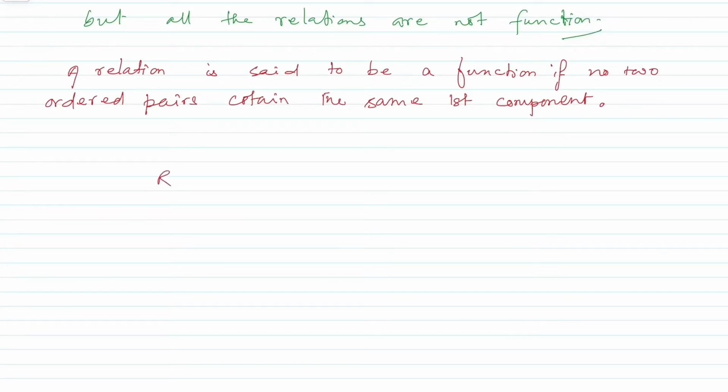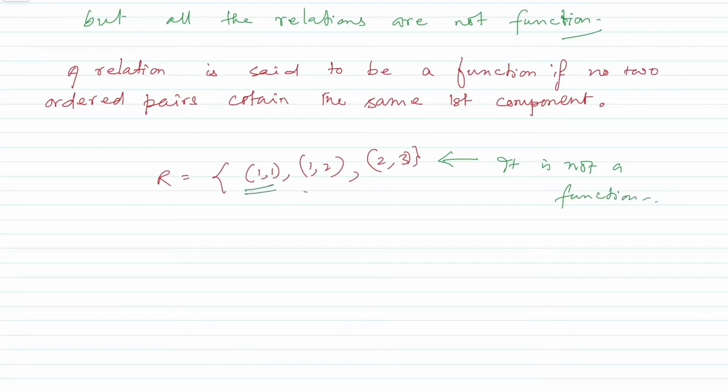So suppose we have a relation R, suppose it contains (1,1), (1,2) and (2,3). Now this is not a function, because there are two ordered pairs having the same first component. If more than one ordered pair contains the same first component, then it cannot be regarded as a function.